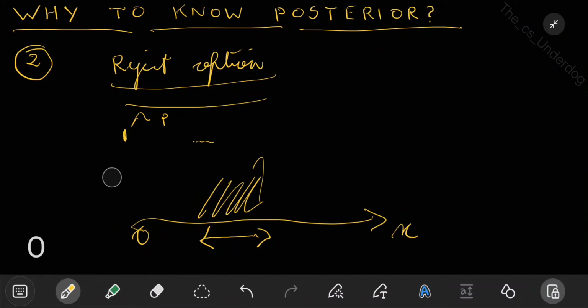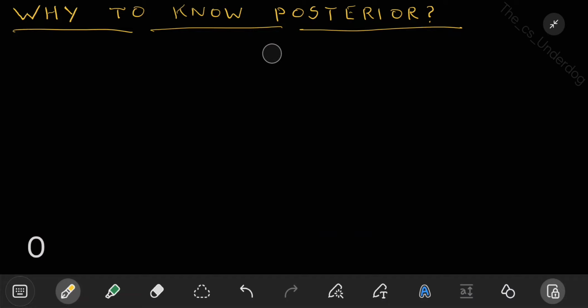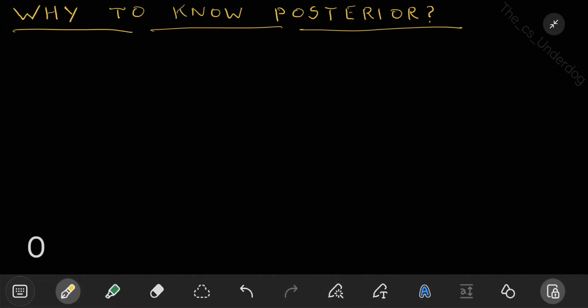So that was the second option. Now let us see what is the third option. The third advantage of making use of the posterior is that in case you want to revise elements of the loss matrix. Previously we had seen examples of cases where we implemented a loss matrix.